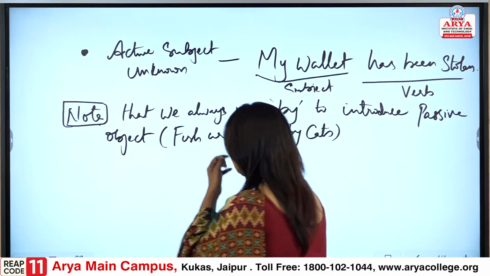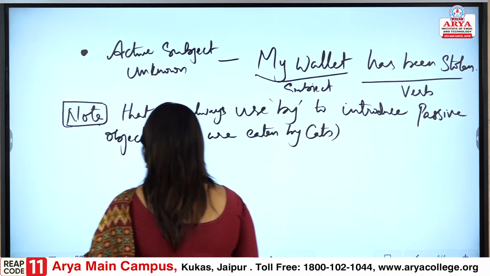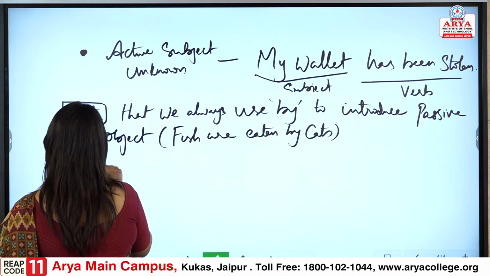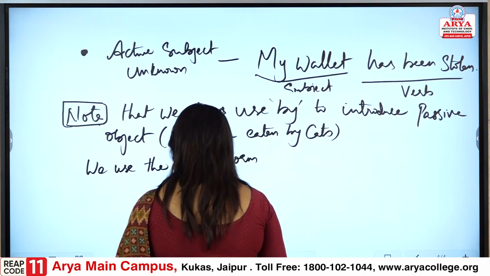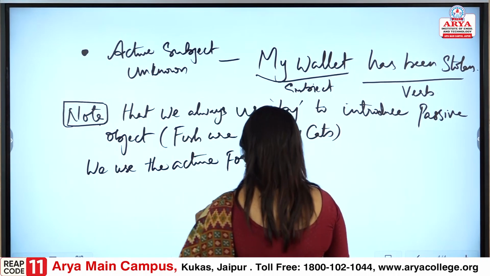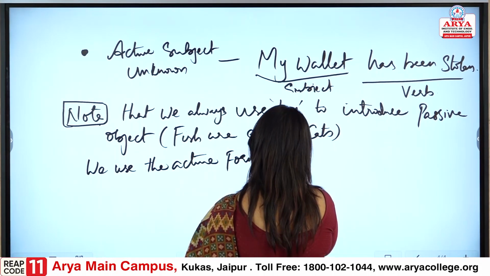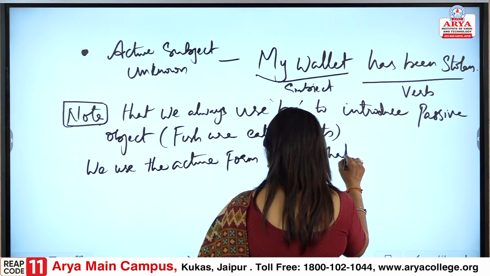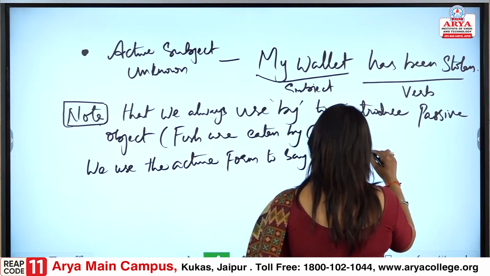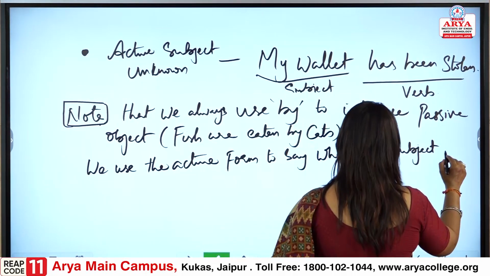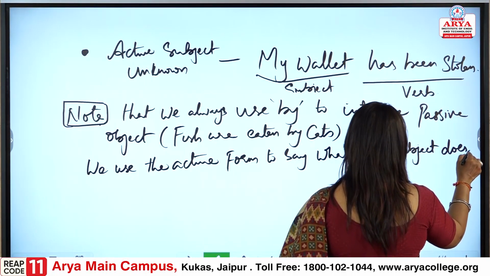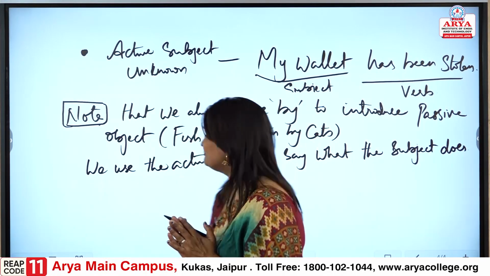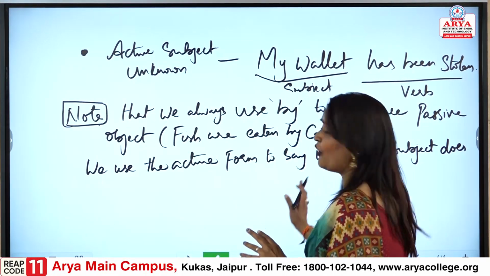Now, let me tell you a few more points. We were talking earlier: we use the active form to say what the subject does. Please remember this point. When we are talking about the subject, it is active voice, and over here we introduce the passive object by. Passive is again the object, we introduce it by this.